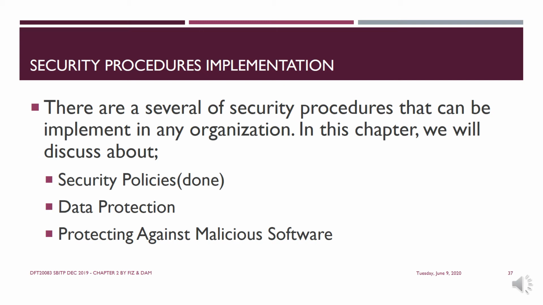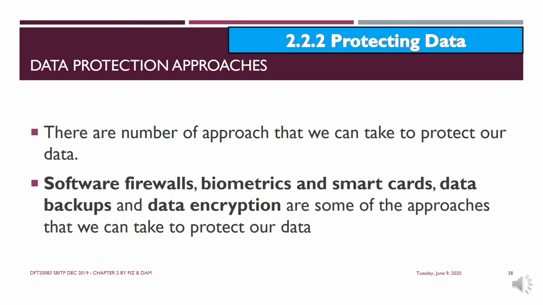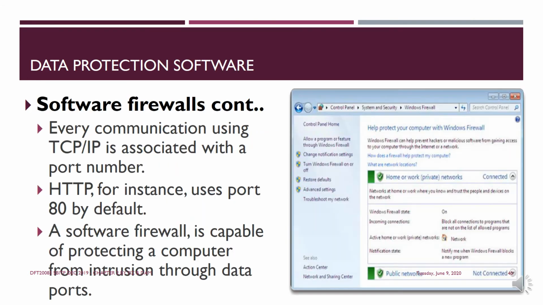Right, there are three parts of several security procedures that have to be considered, which involve security policies, data protection, and protecting against software. Next we will move to the software firewalls, biometrics, smart cards, backups, and data encryption.